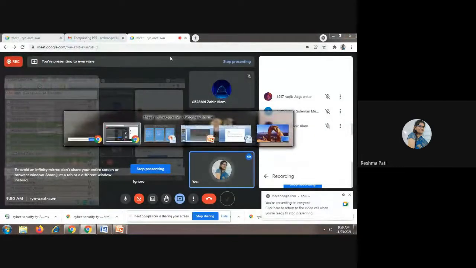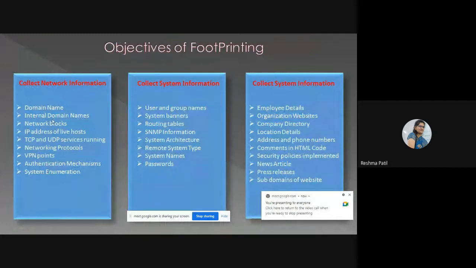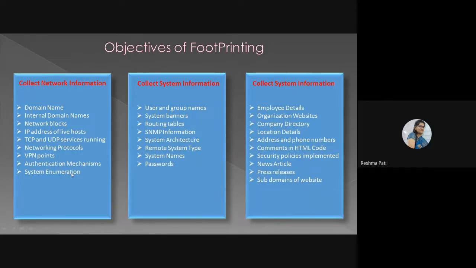We have seen this part also, what type of information we can collect. We can collect network information and system information. In the network information, we can collect domain name, internal domain names, network blocks, IP addresses, TCP/IP services, networking protocols, which VPN point is there, authentication mechanism, and system enumeration.